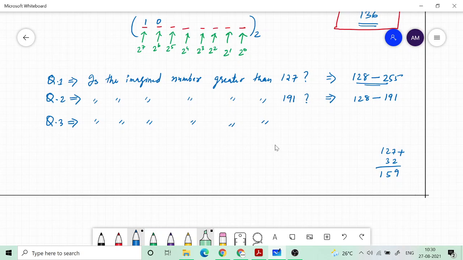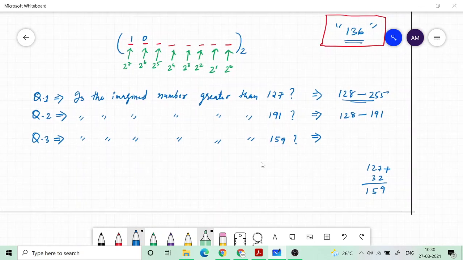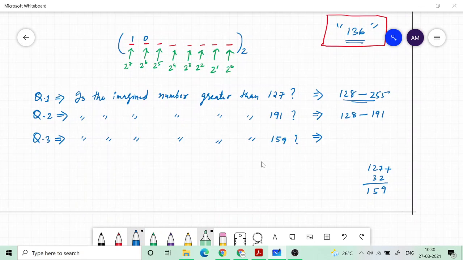So let's avoid that confusion. What is the answer? What will be the answer? We assume that the person will answer us sincerely. No, sir, it's not greater, so we put again 0.